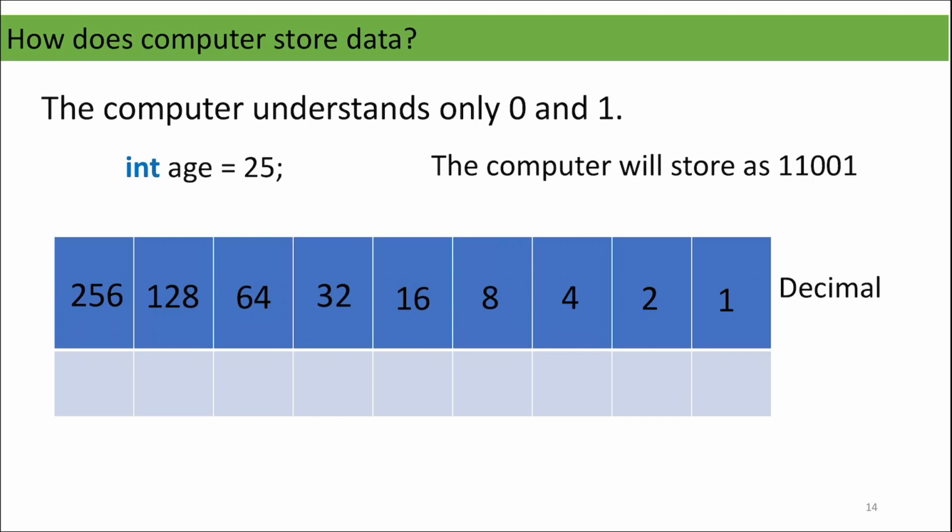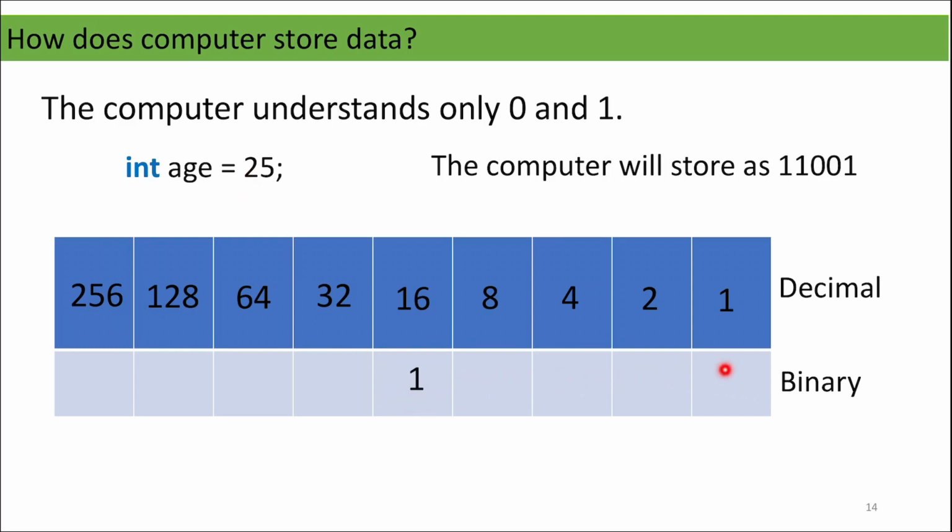Let's take the number 25. Where are we going to fit the 25? 32 is higher than 25, so it cannot go there. So we can add 1 on the 16, that will be equal to 16. How much is remaining now? We have 1 in the 16, the remaining is 9 from the 25.